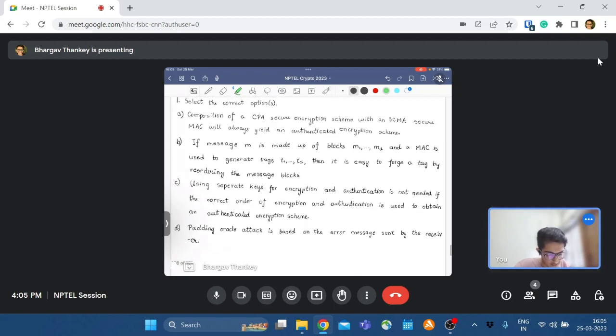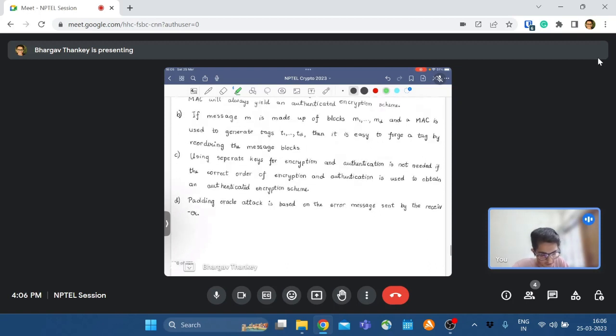What about B? If M is made up of blocks M1 to MD and a MAC is used to generate the tags T1 to TD, then it is easy to forge a tag by reordering the message blocks. Okay, so this is true. Yeah, B is true.